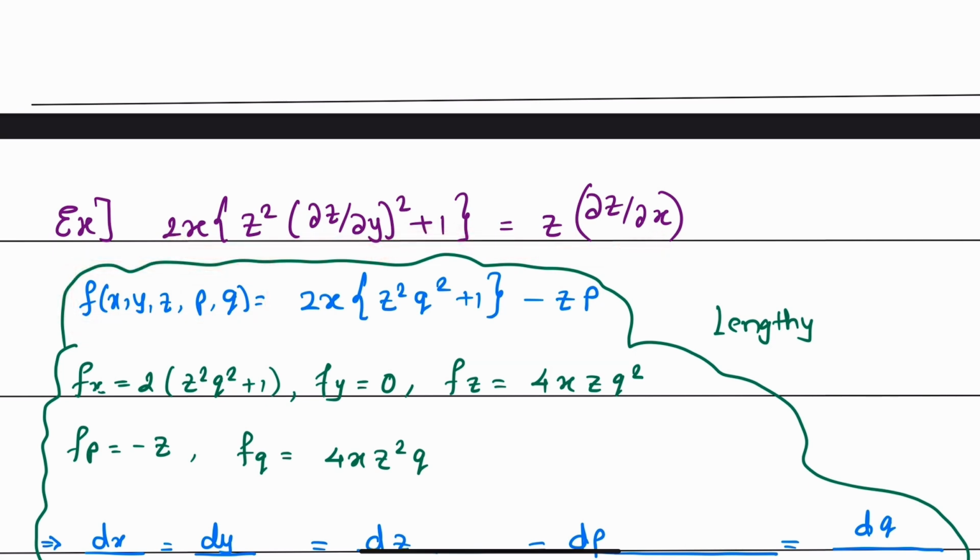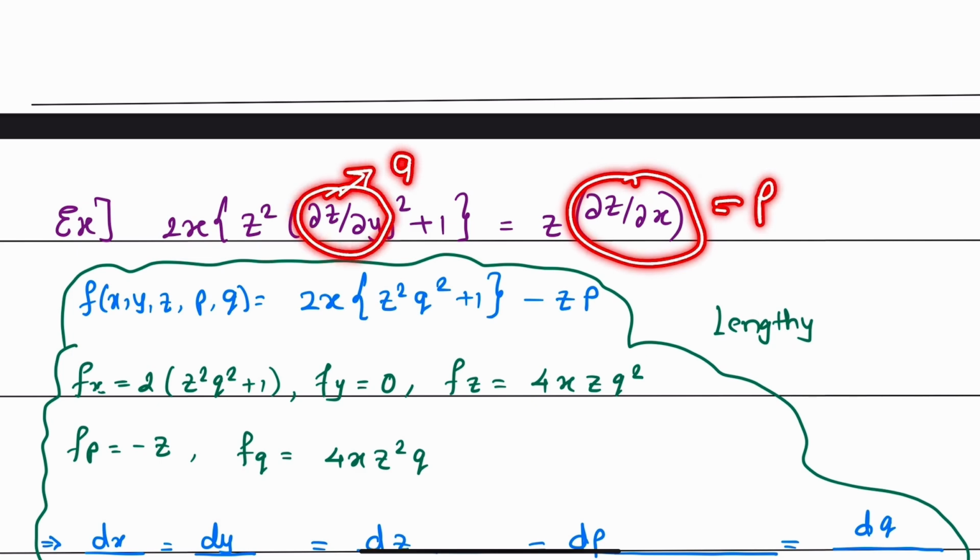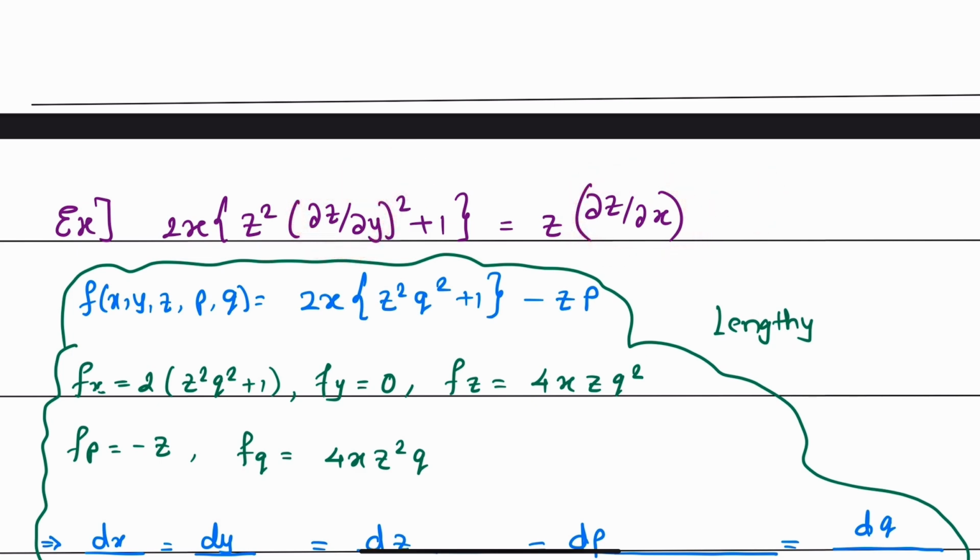This as it is here means I have just taken this part to the LHS. You will ask how I wrote p here: dou z by dou x is p, and dou z by dou y is q. So this as it is, 2x into z square q square plus 1, this term is here, minus this zp.